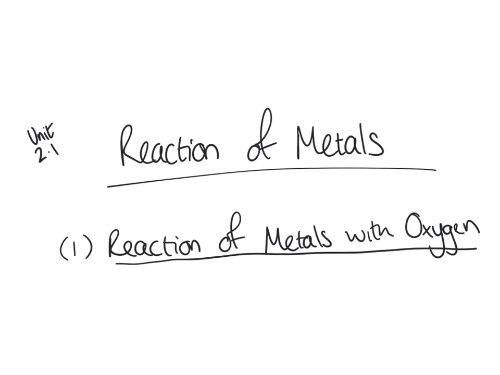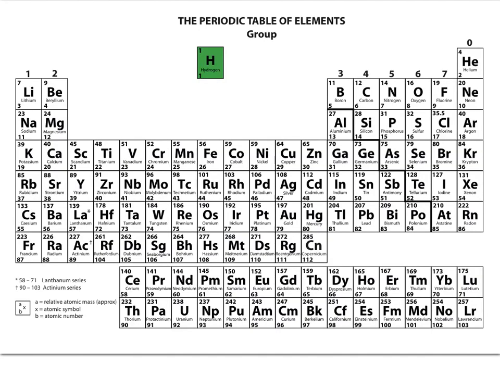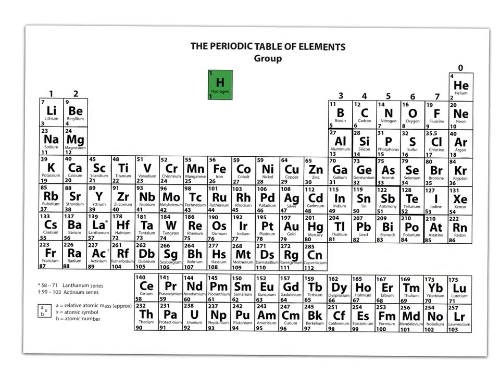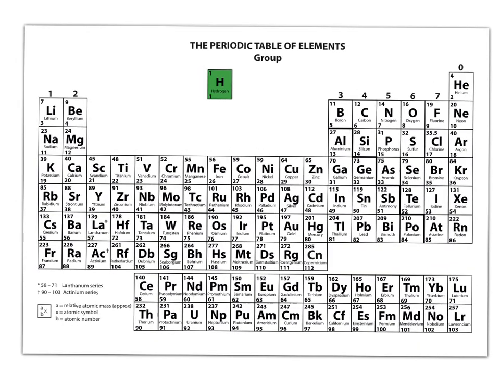And what we're going to be doing this period is having a look at how we write balanced symbol equations for these reactions. So if you now take out your periodic table, we're going to have a wee look at what we need from our periodic table in order to write our balanced symbol equations. So the first thing we want to do is highlight our diatomic elements, because when they appear in an equation we have to write them as the symbol and then a little 2 after them.